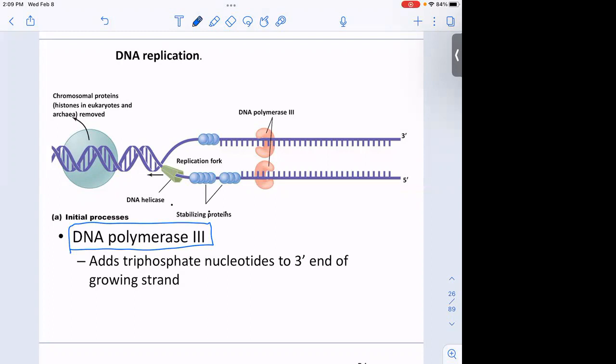this is the main enzyme that's moving down the old strands of DNA, and it's actually moving on both strands, but it can only move in one direction. Okay, here we call this the leading strand because it's going to be moving towards the replication fork. That's not necessarily the top strand, but here it's given a 3', so we know that this is the 5' of the new DNA, and the new is always adding on to the 3' end.